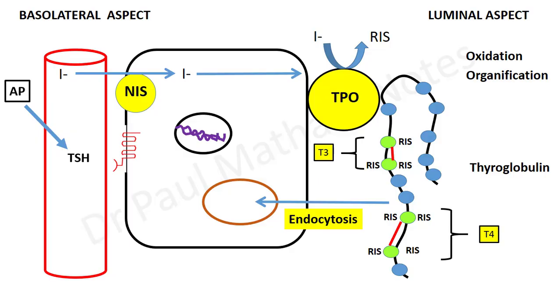It is protected in lysosomes, where it undergoes proteolysis, and T4 and T3 are released into the circulation. The predominant product which is released into the circulation will be T4, which is the less active form of thyroid hormone.